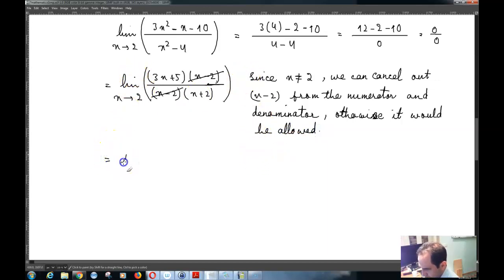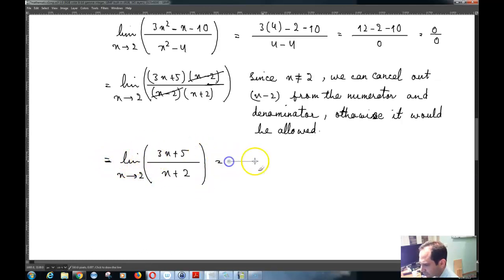So now I can write this as the limit of 3x plus 5 over x plus 2 as x tends to 2, which is equal to basically 3 times 2 plus 5 over 2 plus 2, which is equal to 11 over 4. So number 7 is 11 over 4. Okay.